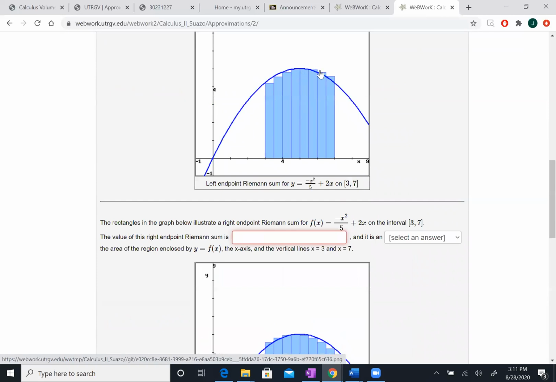So this exercise is to show you that sometimes the left-hand sum can be an overestimation or an underestimation. And the same for the right-hand sum. It shows whether the function is decreasing, increasing, or both, because this is increasing and then decreasing.